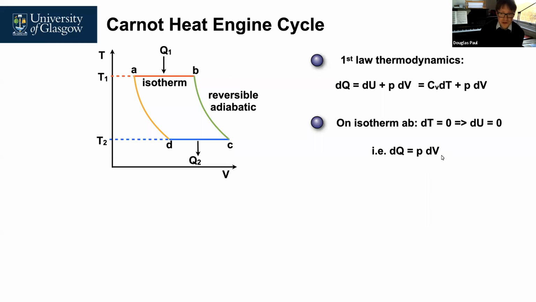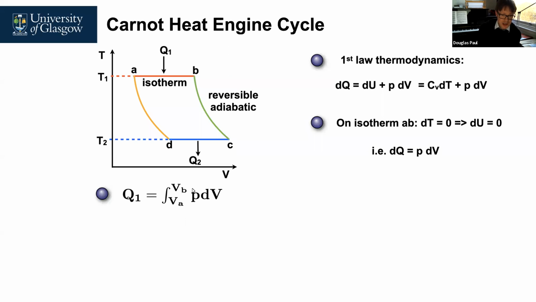Now, what we want to do is integrate this between A and B. So to get the amount of heat going in, Q1 is going to be the integral from volume VA to volume VB of pressure by dV. Now, what we can do here is use Boyle's law, PV equals nRT.